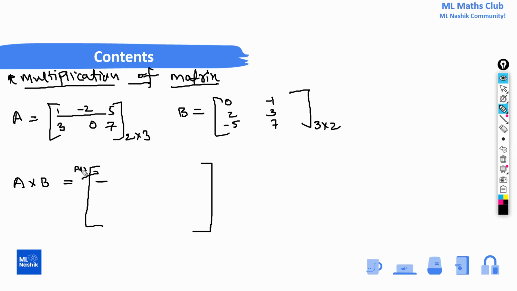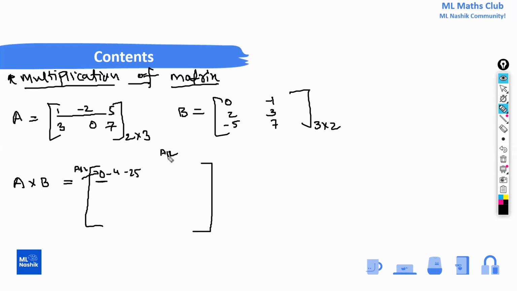So what you have to do is multiply the first row with the first column. So here you have the first row and this is your first column. Multiply corresponding elements. So here you have 1 and here you have 0. So 1 into 0 is 0. Then again -2 into 2 is -4 and 5 into -5 is -25. Now to find the second element, here you have A12.